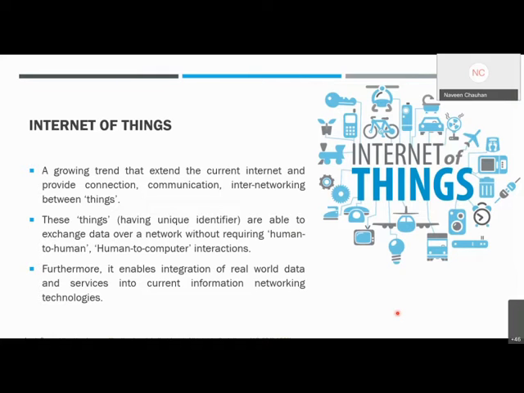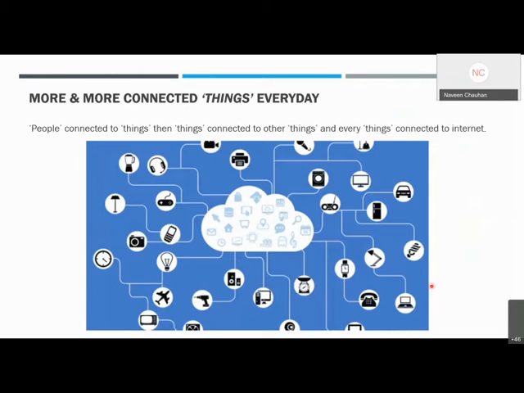What we are going to talk about is that things in the Internet of Things, and it could be anything, have a unique identifier and are able to exchange data over the network without requiring human-to-human or human-to-computer interactions. So this is more and more connected things.